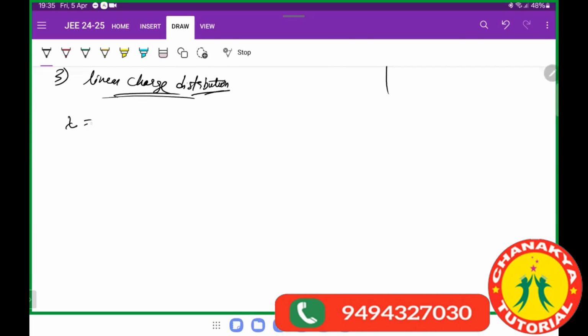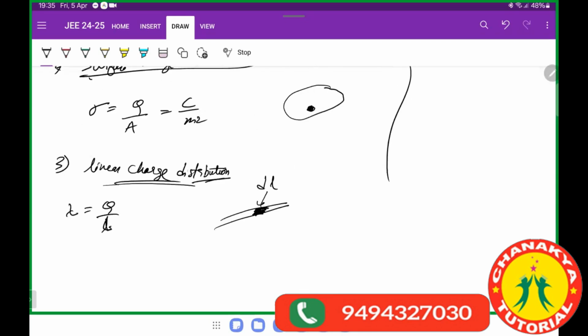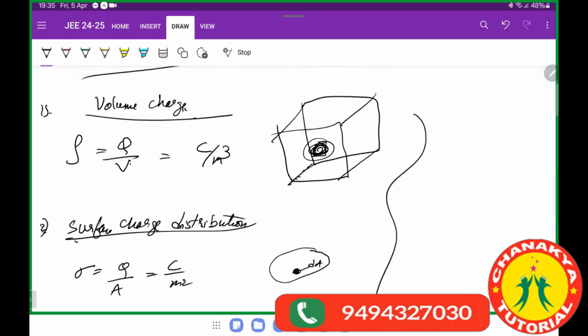Lambda equals charge per unit length. So if I take some portion of a pipe like this, this is DL. This is DA. This will be your DV.